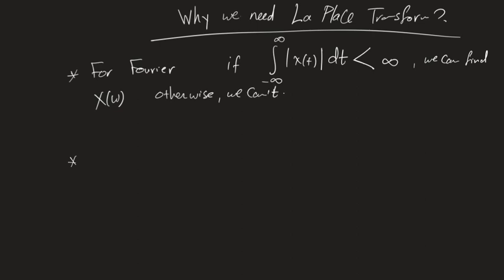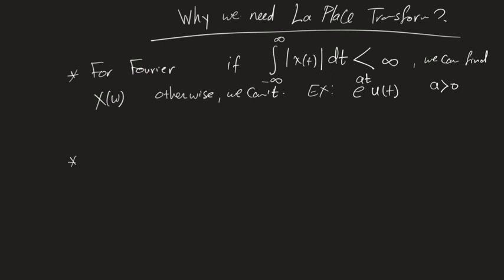And an example that we did for that a couple of lectures ago is when we had this signal. So example of where you cannot find a Fourier transform was this signal, e to the a t unit step of t, where a is a positive number. Okay, for that signal, if you want to calculate the Fourier transform, you will go through this integration, right?